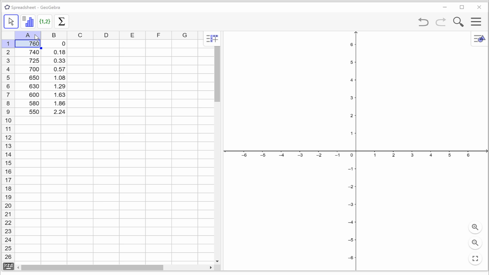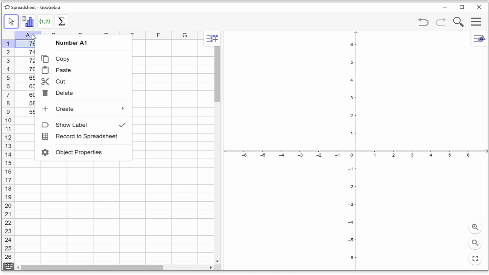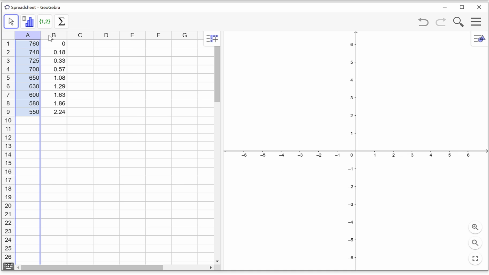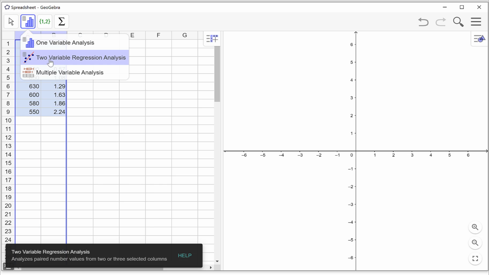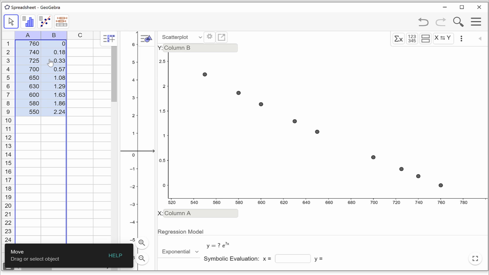So let's go ahead and select both of these columns of data. Choose our two variable regression analysis. Again, you can make an argument for a linear model if you felt like the rate of change of the height with respect to pressure is a constant rate of change. You can make that argument. We are actually going to fit a log curve to this.